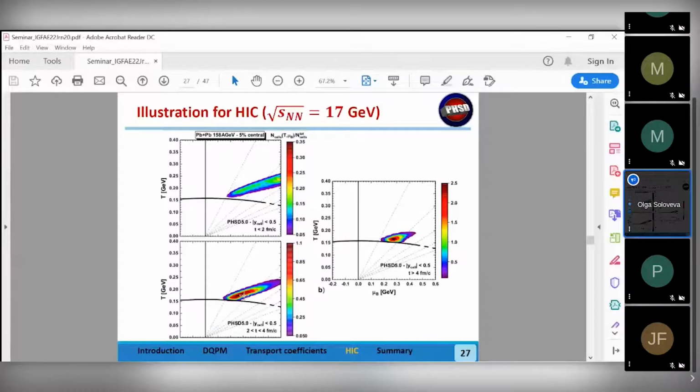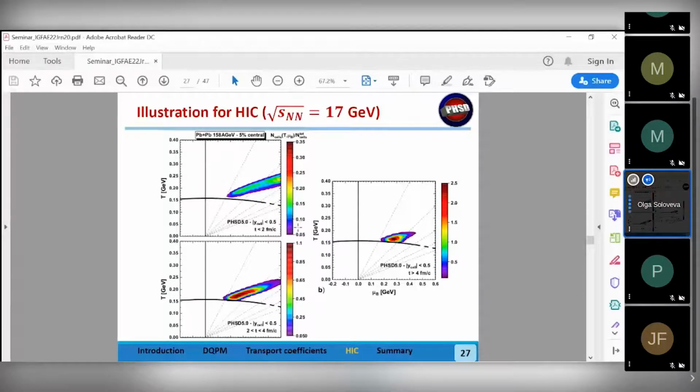It's interesting to see the evolution of the fireball in temperature and μB with time, because one can expect very high temperature, for example, for this collision, but actually, as you can see, the fireball expands and cools down very fast.